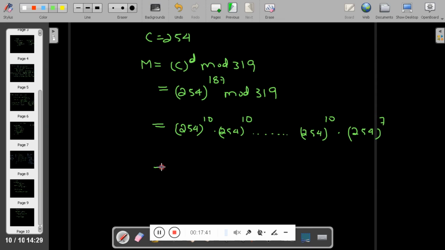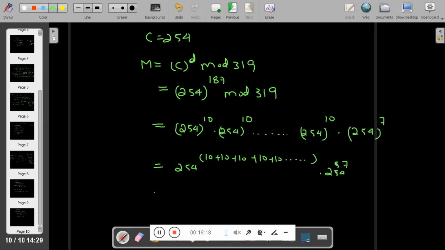So I can write this as 254 raised to power (10 plus 10 plus 10 and so on, 18 times in total) into 254 raised to power 7. First you need to find out 254 raised to power 10.